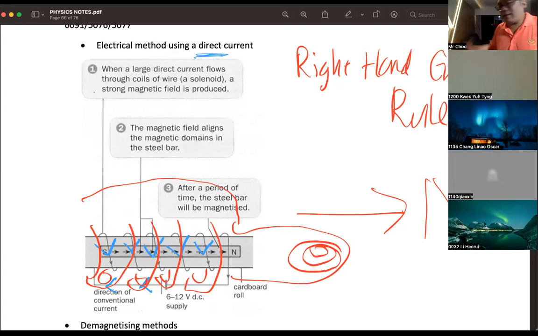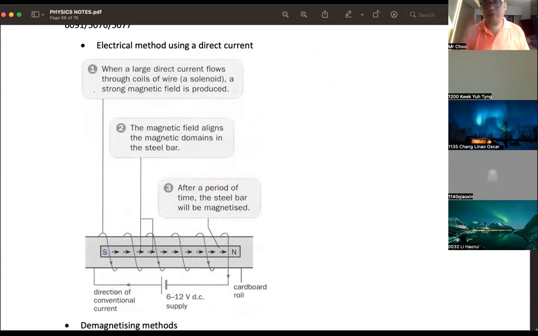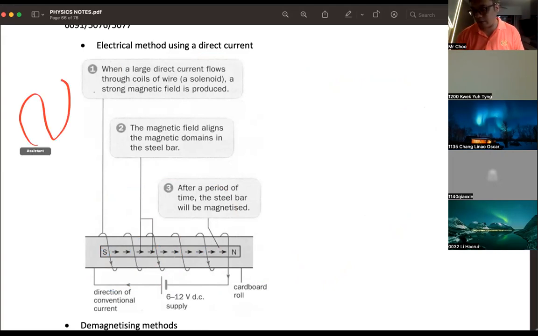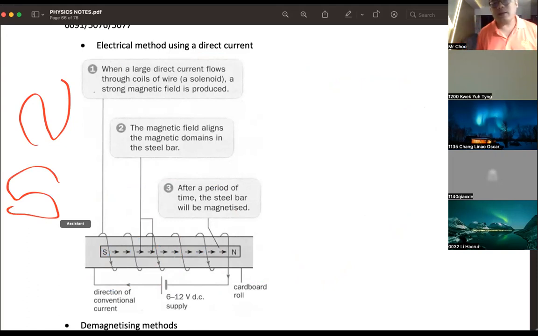There are also other ways to determine whether it is the north or south pole, but I don't like them. You're supposed to look at the wire inside. That one I don't like because it's very hard to explain. I prefer the right hand grip rule. If your teacher has taught you to look into the side, at whether the wire looks like north or south, and you think it's easy to see, you can use that method.